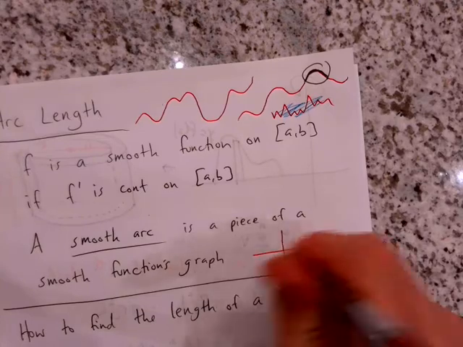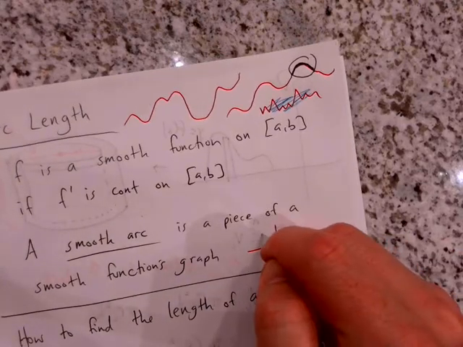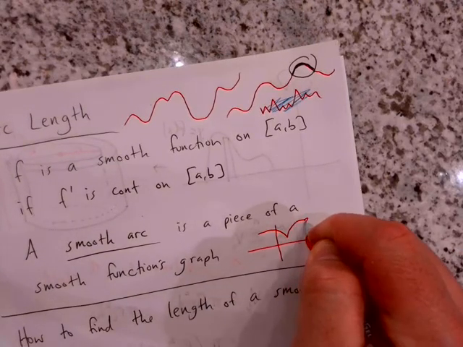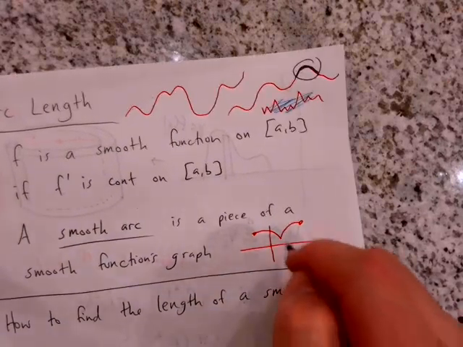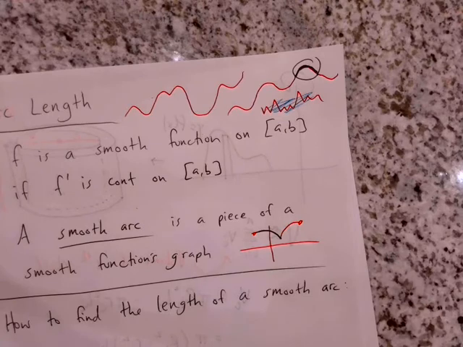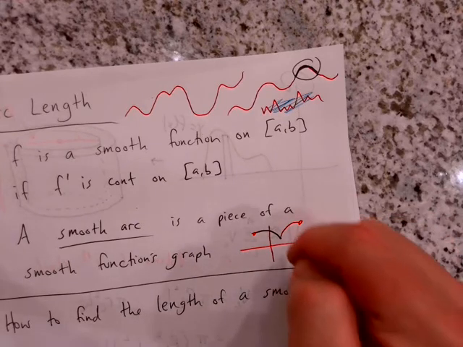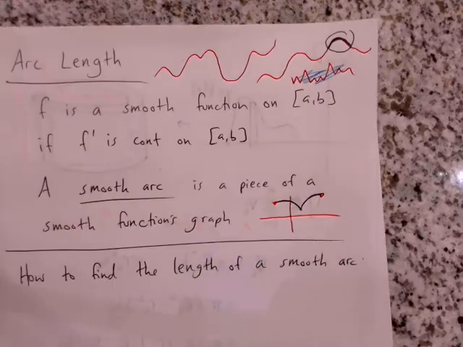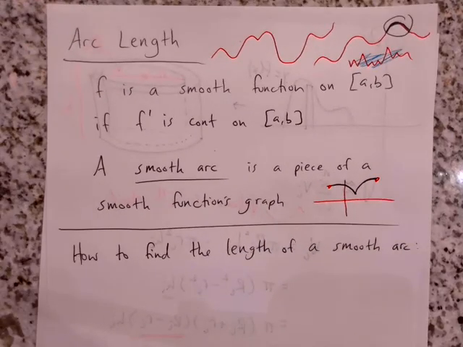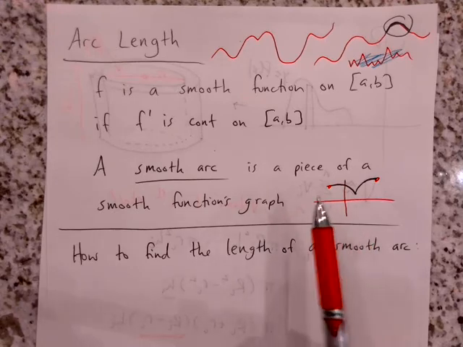Let's say you had a function that looked like this, and you wanted to find the length of that curve. You would just find the length of this smooth arc, and then add it to the length of this smooth arc. So if on the p-set or on an exam you want to find the length of an arc that is not completely smooth, you have to break it up into smooth pieces, find the length of each smooth piece, and add them up for your overall answer.